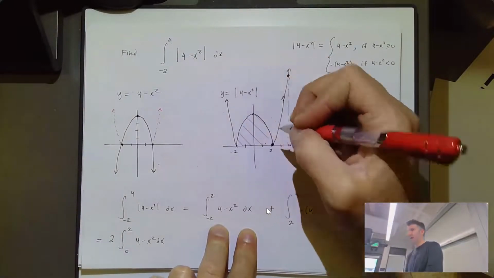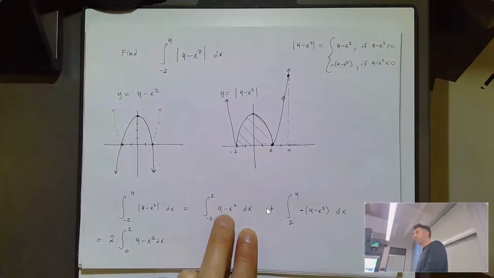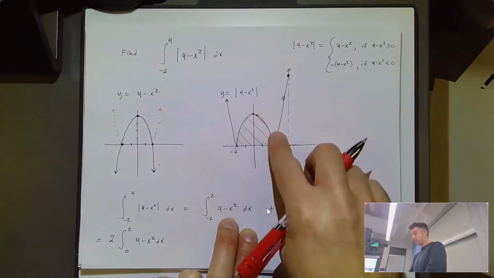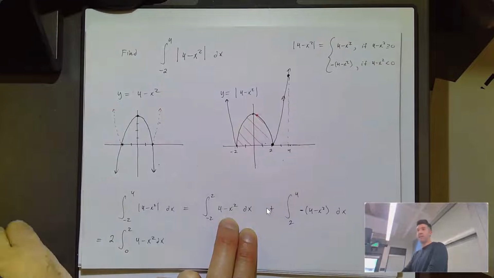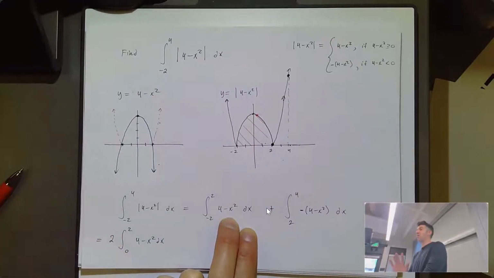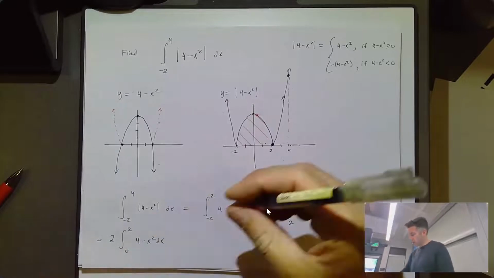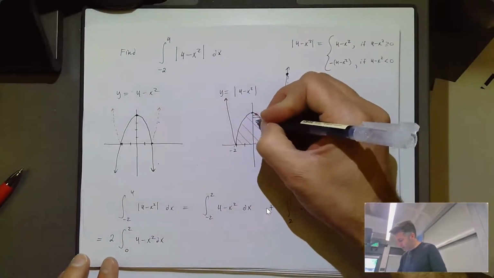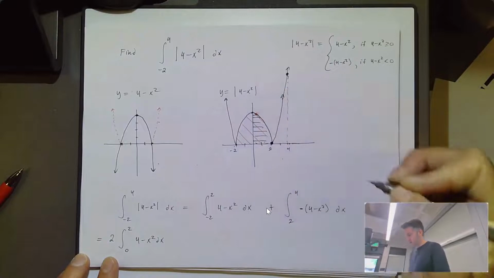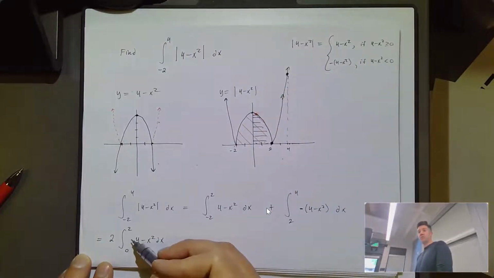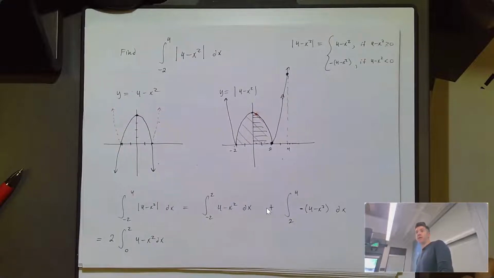But since that function, 4 minus x squared, at least on that part, is symmetrical about the y-axis, also known as being an even function, you can take just the right half of it, which is the integral from 0 to 2, and then double it. Very common tactic, and you'll see it in books for sure.